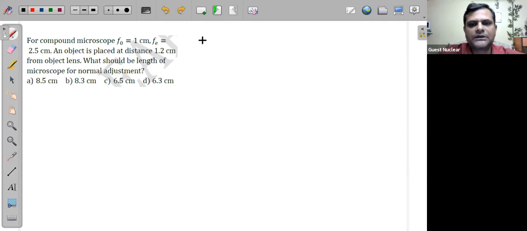Okay, so here compound microscope के बारे में हमको ये पता है already कि this is the objective and this is the eyepiece here.